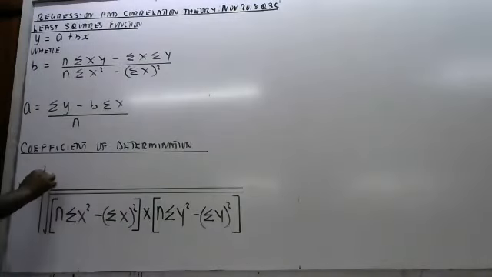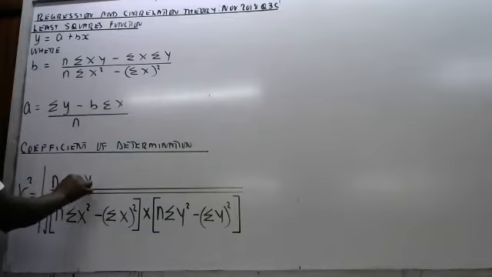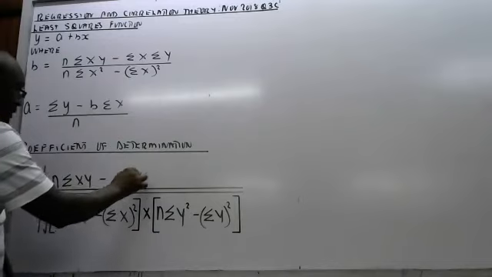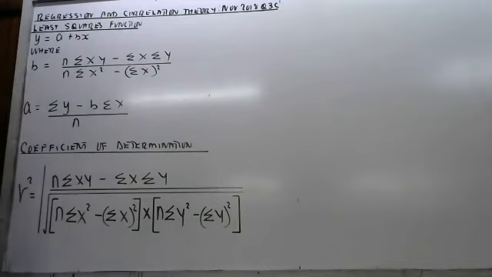So here, this is n sum of xy minus sum of x sum of y.